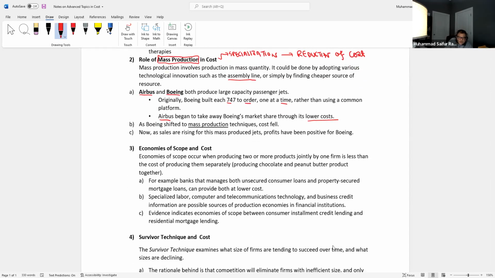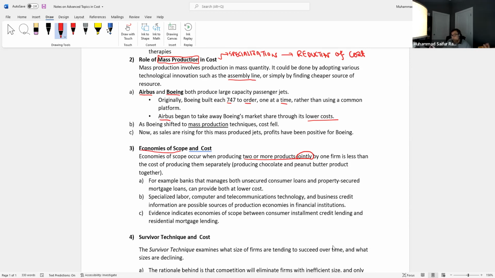This concept is called the economies of scope. Economies of scope is basically a managerial decision where you decide to produce two or more products jointly rather than producing them separately.